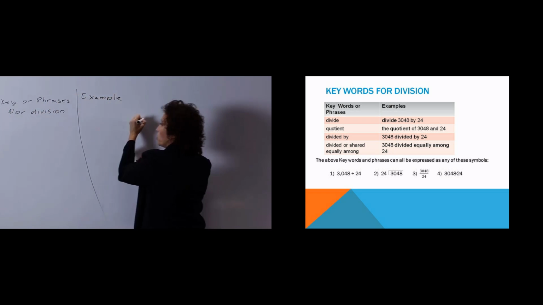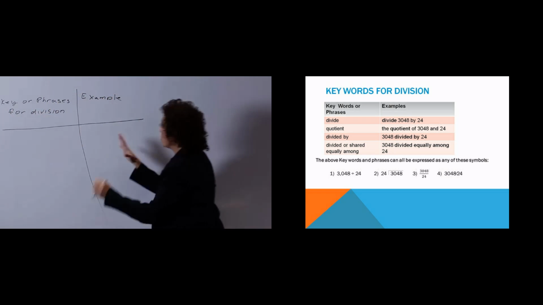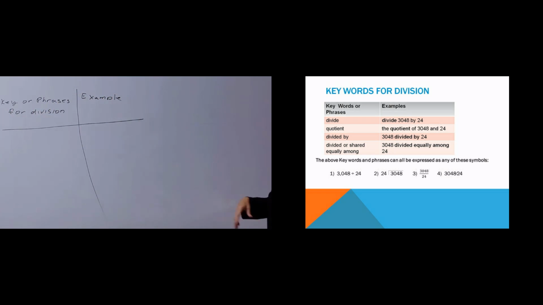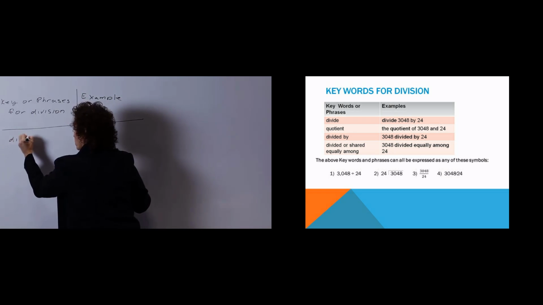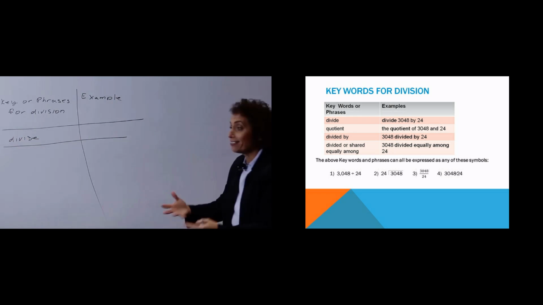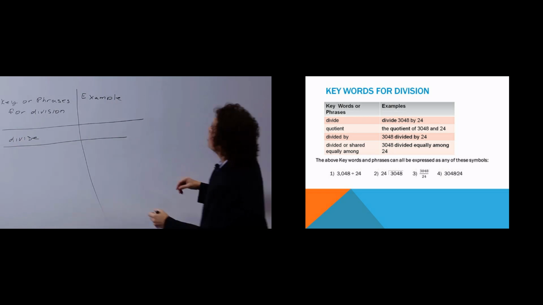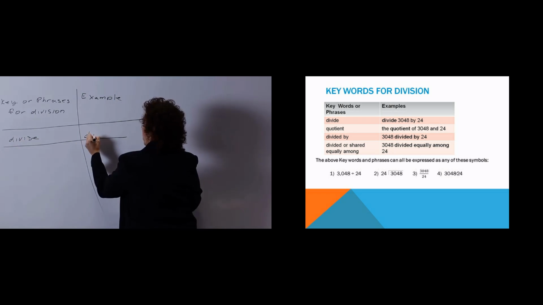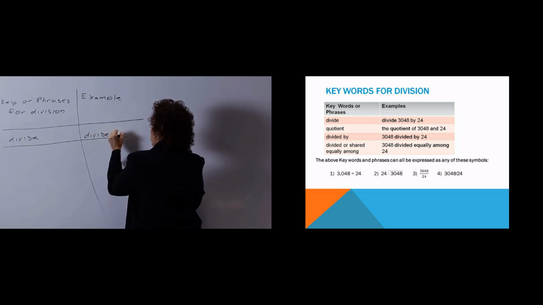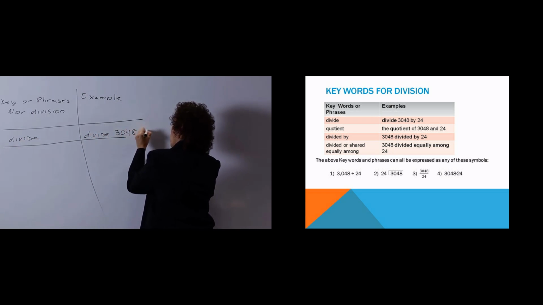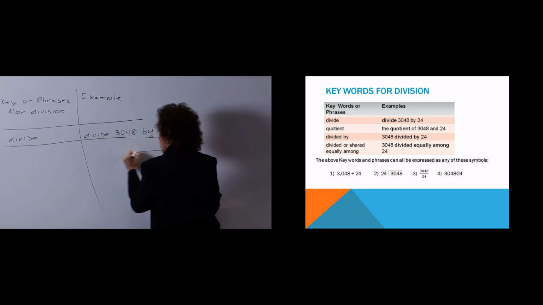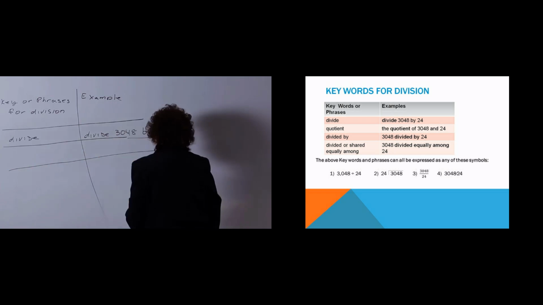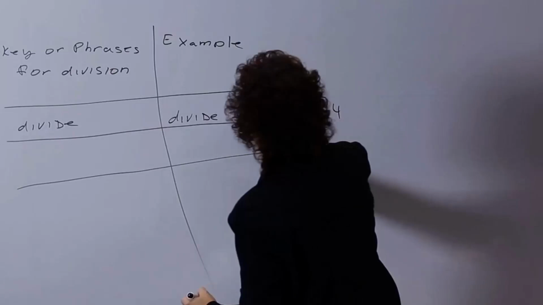Then for the symbol, we're going to do this a little differently because I'm going to do it exactly the way it is in your workbook. So the key word or phrase is divide, obviously. Divide means to divide. That's amazing. So I could say divide 3,048 by 24.